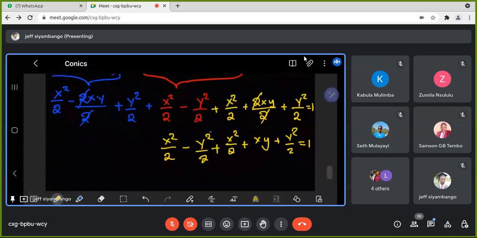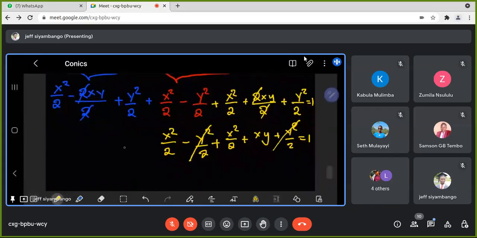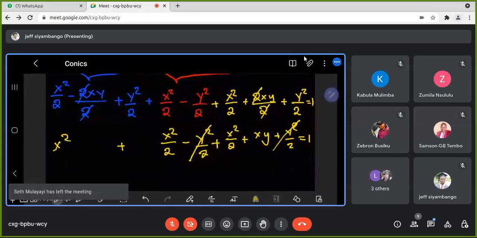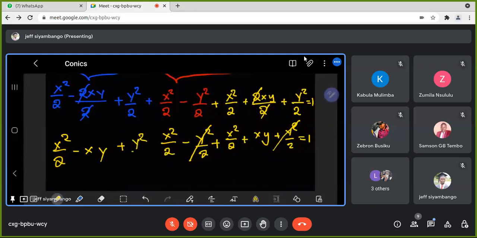Clearly, you can see that this and this will subtract out. Let's continue. This is plus, so let me start with this part, x squared over 2. Then we have minus xy, and then plus y squared over 2. Then this is a plus. Another thing, this term here and the cross product there die out.